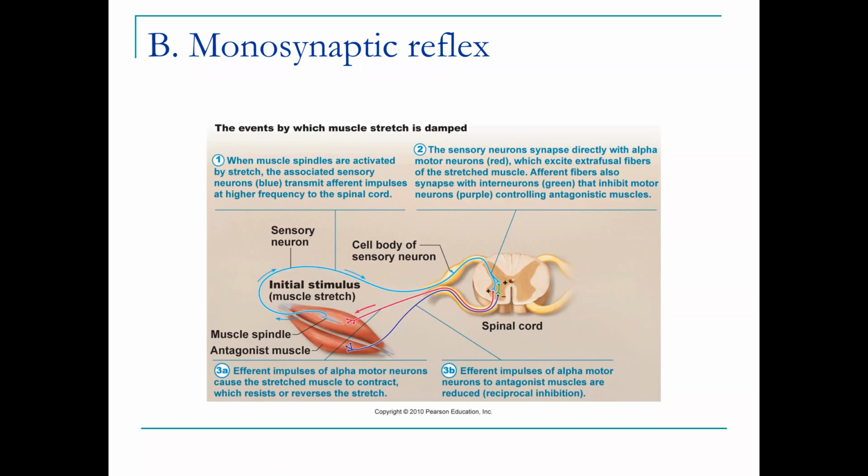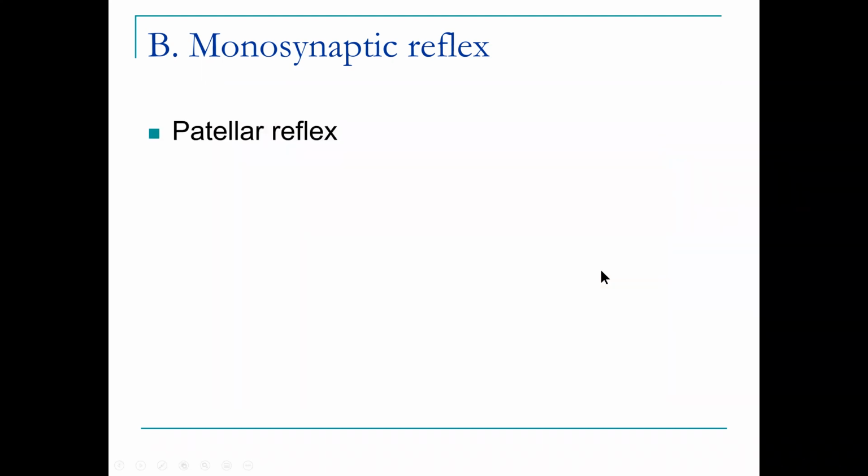So if I saw those on a matching question, I'd want to know what they were. An agonist, an antagonist, and a synergist. So we've actually got two things going out here, one to the agonist muscle and one to the antagonist muscle. That's why you see two neurons going out here in the ventral root, which is the motor root, which goes into the spinal nerve, which is a mixed nerve, and it's going to go to this muscle.